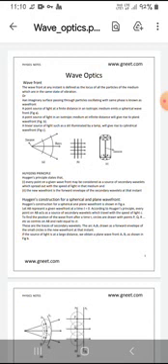Next, let's come to Huygens' principle. What does Huygens' principle state? Every point on a given wavefront may be considered as the source of secondary wavelets, which spread out with the speed of light in that medium.